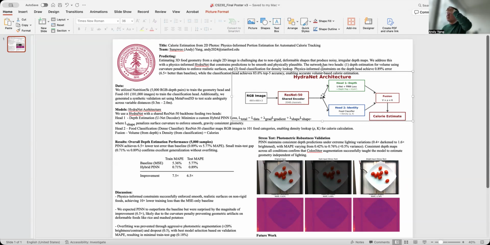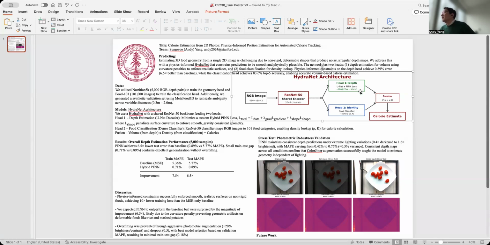And here I include two heads. The first head is a depth estimation, and the second head is a food classifier. From head one, depth estimation, estimate the volume, and then head two is the food classifier, and it has a lookup to the density, so multiply that together, volume multiplied by density, and it gives you the calorie. So that's the overall.